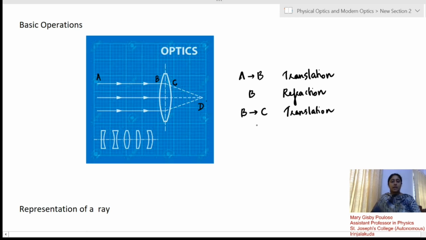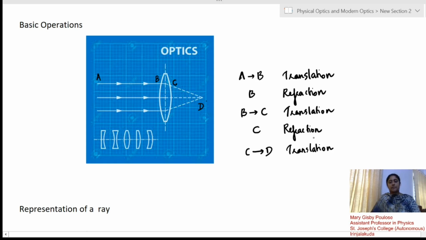Now at point C, again it is the surface of the double convex lens, and light undergoes refraction. Now from C to D, where D is the focus of the lens and the image plane, light undergoes translation.